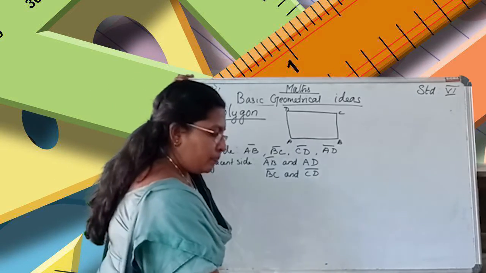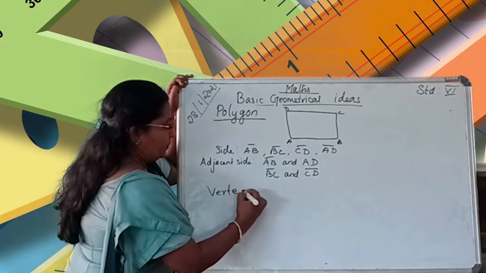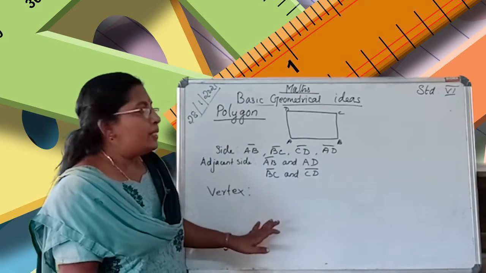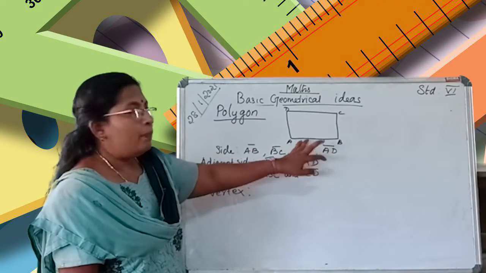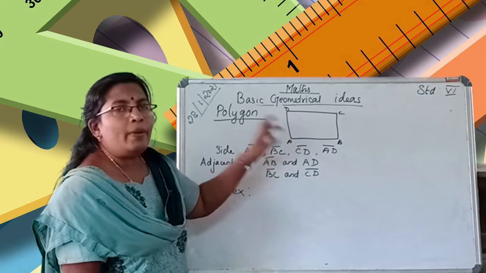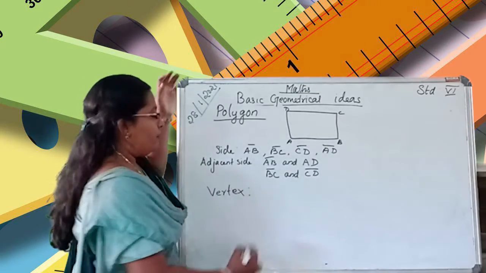Next is vertex. Vertex means any two line segments meeting at a point make an angle. That common point is called the vertex. So what are the vertices here?